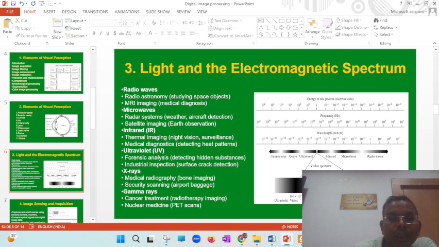X-ray is used in medical radiography and security scanning. Gamma rays are used in cancer treatment and nuclear medicine. These are some examples; there are many more, and they are used extensively in the world of science.